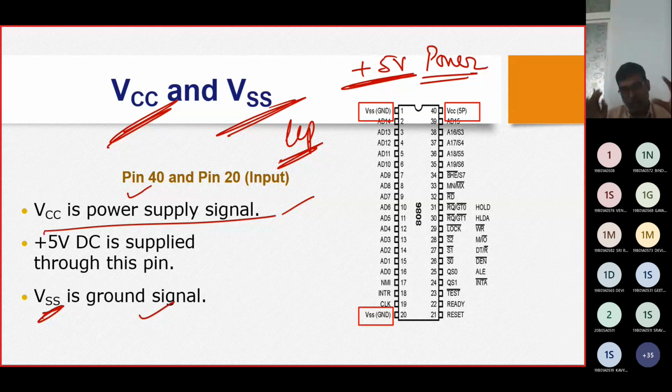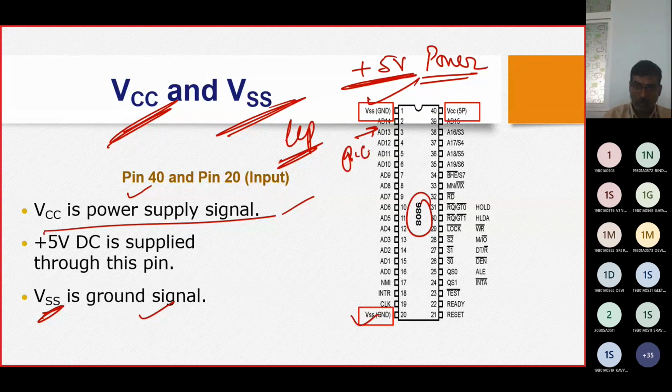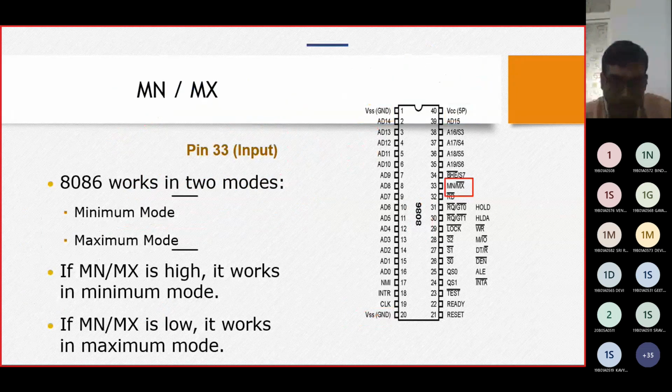Similarly, every chip is going to have a grounded pin. So the 8086 chip has pin number 40 or pin number 20 connected to the power supply pins.